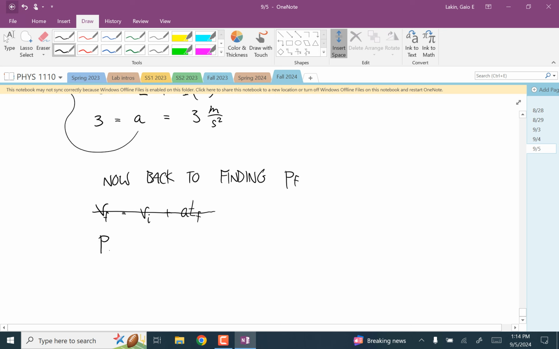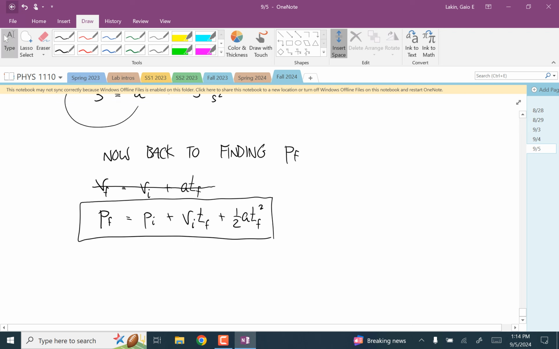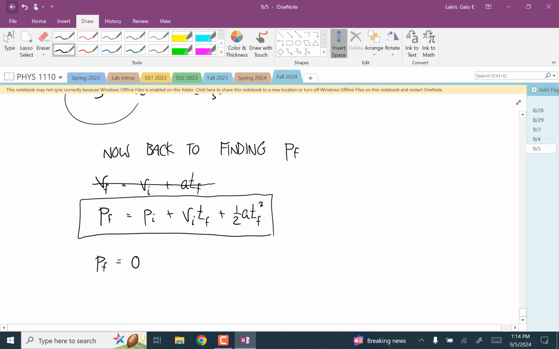How about this one? PF is equal to PI plus VITF plus 1/2 ATF squared. Yes, this one works. So PF is equal to 0 plus 2 times 1 plus 1/2 times 3 times 1 squared.